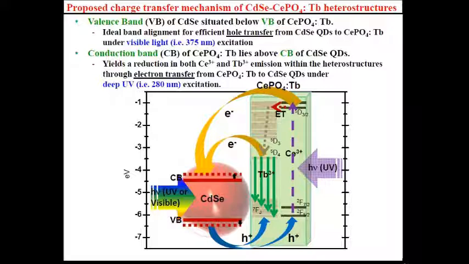So 280 is electron transfer, and 375 is more of the hole transfer. It just depends on how I align my energy band levels relative to the quantum dot and also the oxide that I'm playing with.